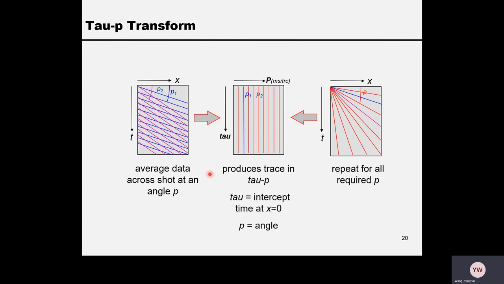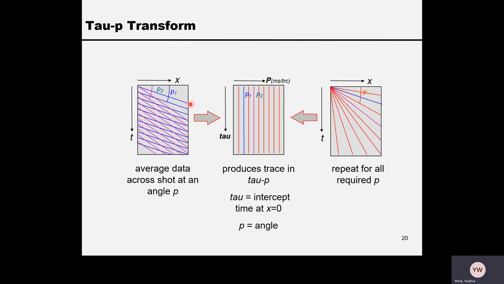Let's see how to implement it. On the left of the panel here, let's see the blue lines. Blue lines have a constant dip, P1. From top to bottom, all the blue lines have the same dipping angle, P1. On the middle panel, the blue vertical line here is P1.